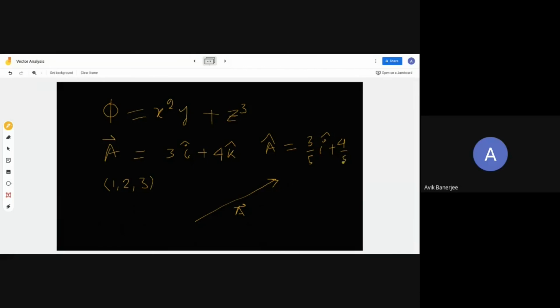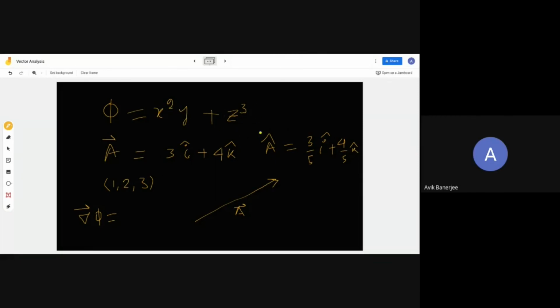Now what do we have to find out? We have to find out gradient of phi. So what is gradient of phi here? Gradient of phi is del phi del x i cap. So if we differentiate this expression with respect to x partially, what do we get?